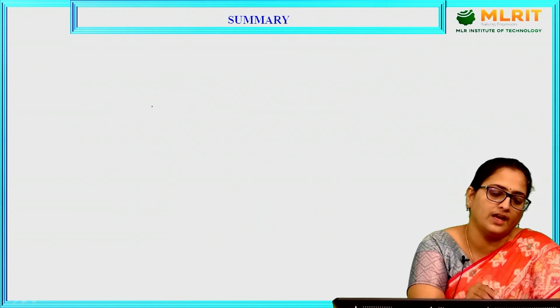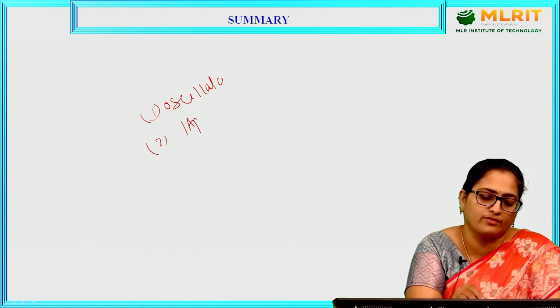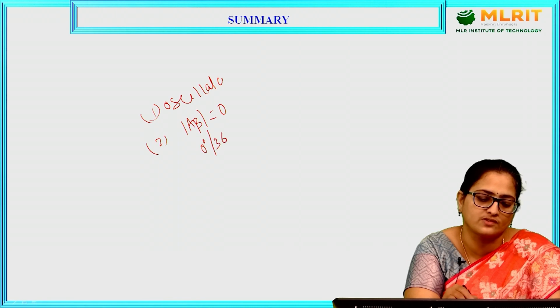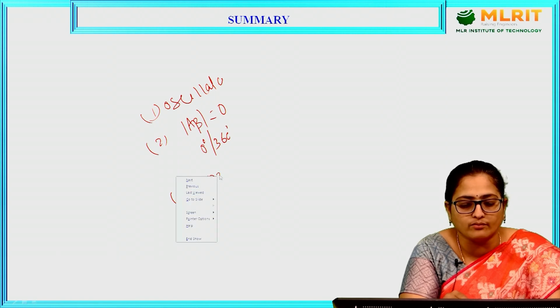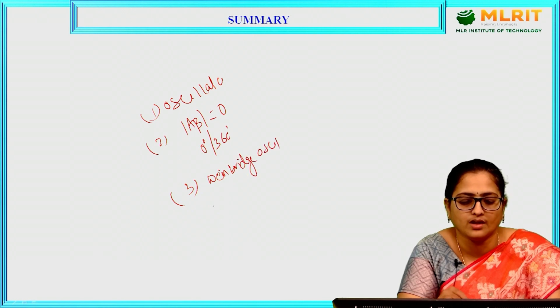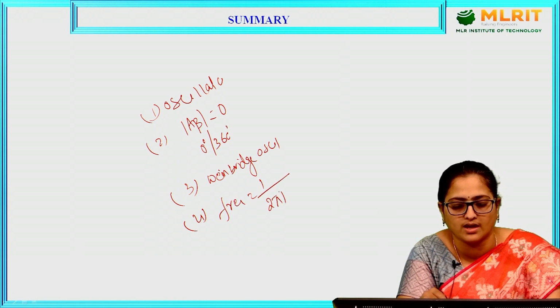So here we have determined what an oscillator is and what the conditions for an oscillator are, that is, modulus of A beta should be equal to 1 and the phase shift should be 0 degrees or 360 degrees. We have discussed the circuit of the Wien bridge oscillator, and we have determined the frequency of oscillation, which is given as 1 by 2 pi RC.